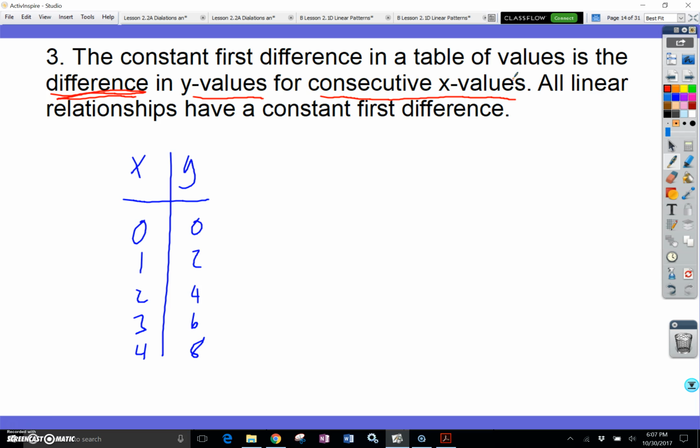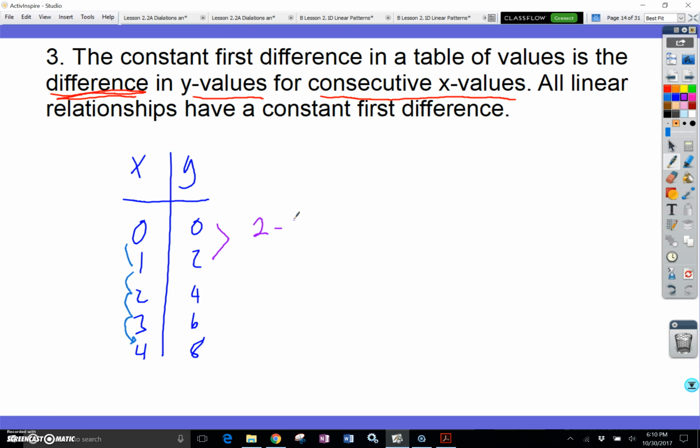So, in order to determine if something is linear, you can look at tables. If tables give you consecutive x values, so in this case it's 0, 1, 2, 3, 4. These are all consecutive integers. All you need to do is subtract your y values.